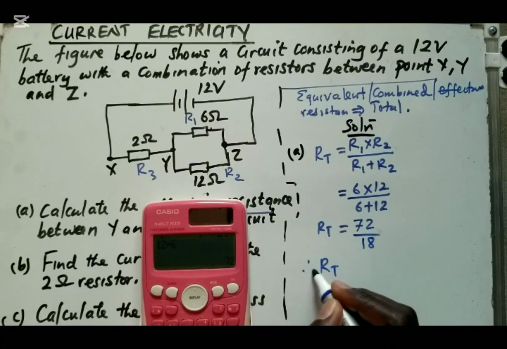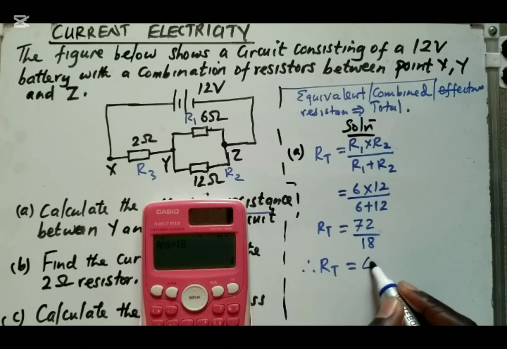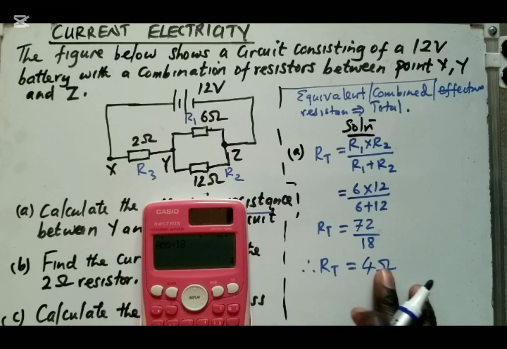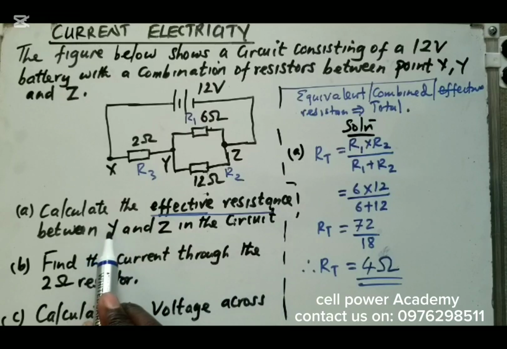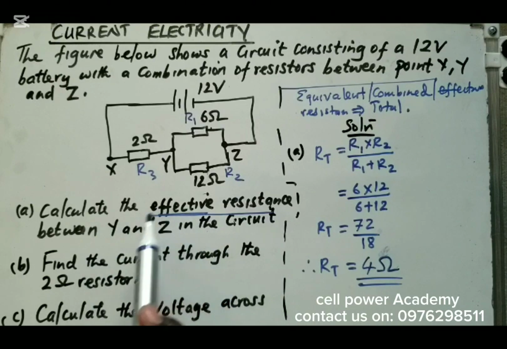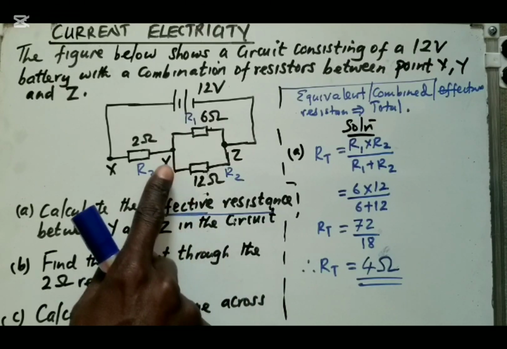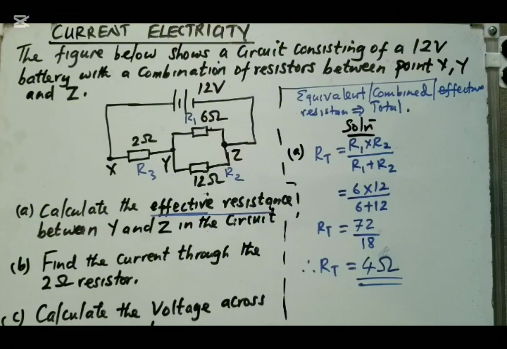Meaning that the total resistance there will be 72 divided by 18, and that is going to give me 4 ohms. Let me write the symbol there, 4 ohms. So that is the resistance between Y and Z, the total resistance between Y and Z that they wanted us to find.